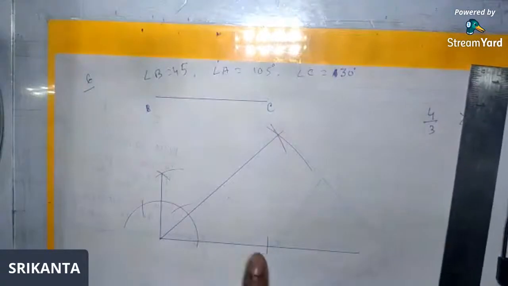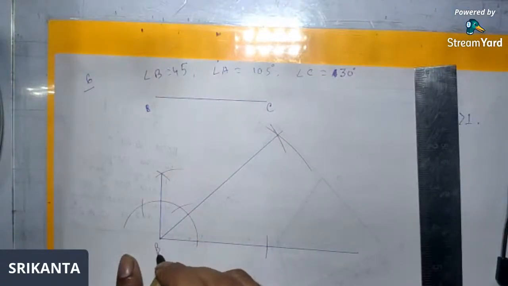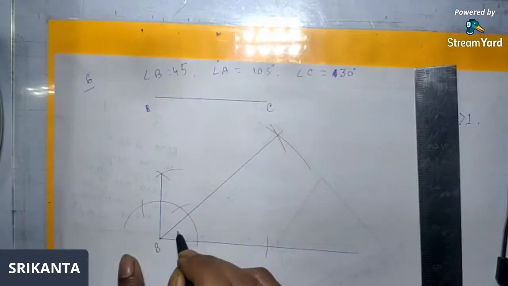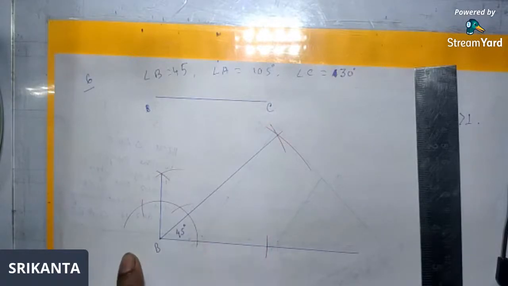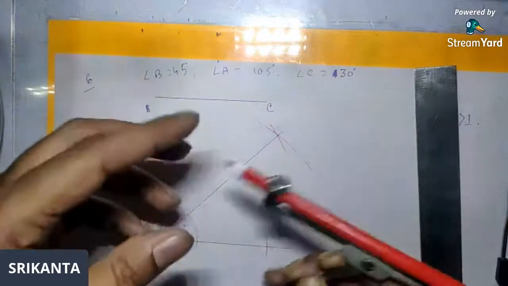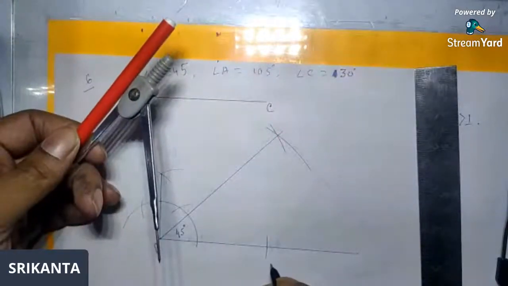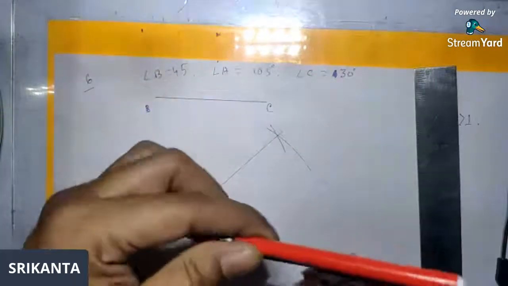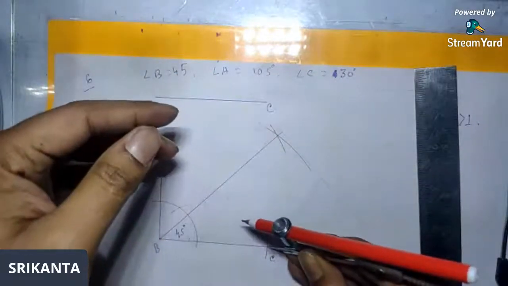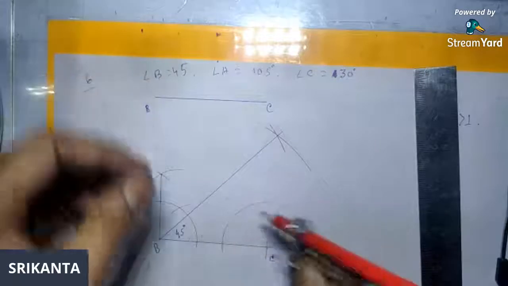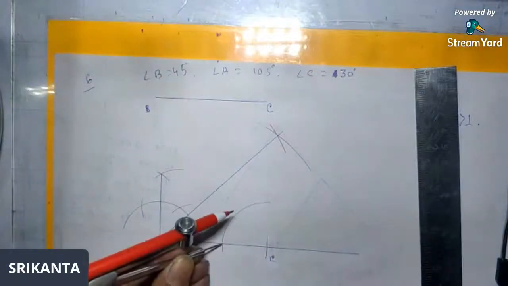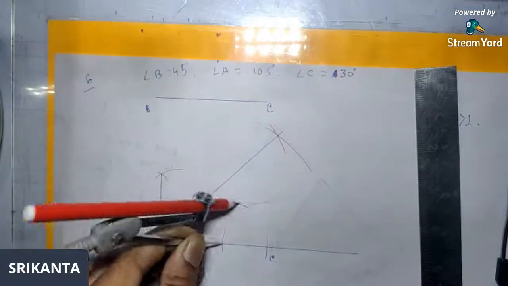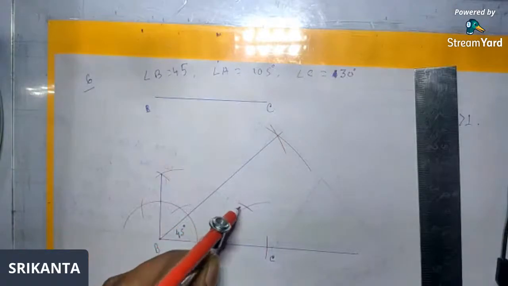Okay. Similarly, this is B. So this angle is 45 degree. Clear? Now here I have to draw 30 degree. This is C. So here you draw 30 degree. How? Take any arc. This becomes our 60-degree line. Now bisect it. How will I bisect it?